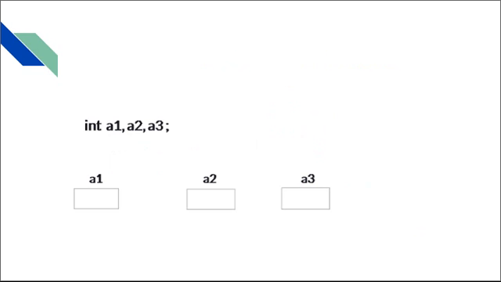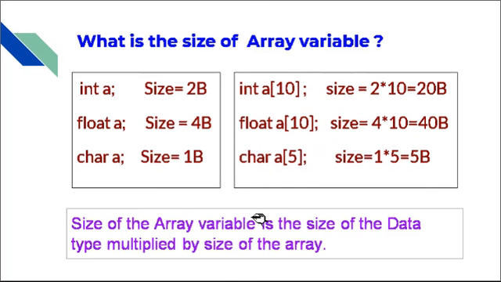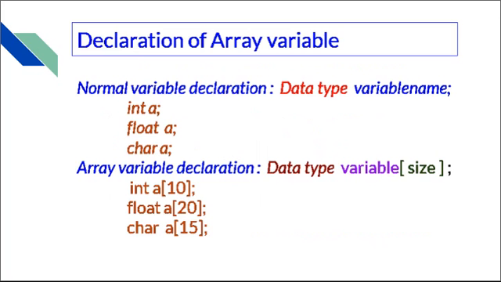Now look at int A of 10, float A of 20, char A of 15, array type variables. Int A of 10: A is the integer type array variable. Float A of 20: A is the floating point type array variable. Char A of 15: A is the character type array variable.